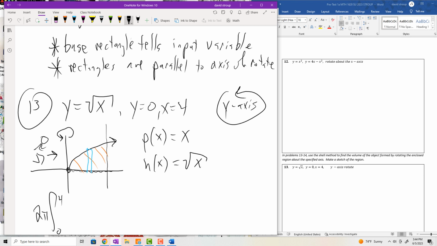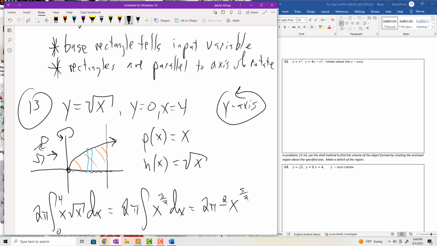And then we have 2 pi rho of x times h of x dx. Okay. To integrate that guy, you multiply out the x and the x to the 1/2. That will give you x to the 1 plus 1/2 is 3/2 dx. So this will be 2 pi x to the 3/2 plus 2/2 is 5/2 times 2/5.